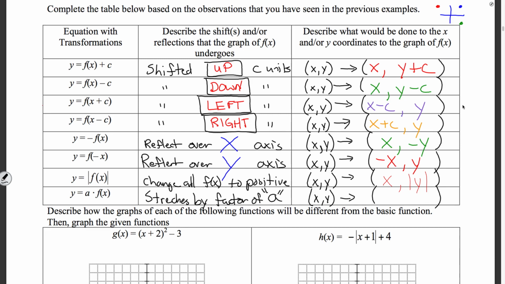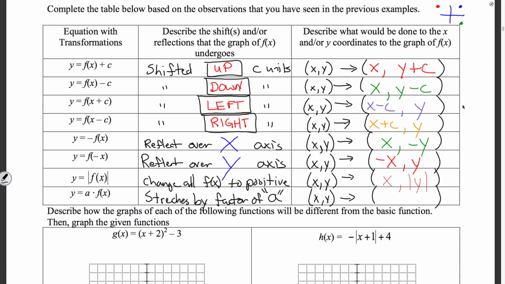Right, and then what's that going to do to my actual x and y? Is it going to multiply the x? Is it going to multiply the y? Is it going to multiply both of them? X. Yeah. Why? We didn't actually write that in there, right? But that's not a horizontal stretch or skew. It's a vertical stretch or skew. And if it's a vertical stretch, is it stretching the x-axis or the y-axis?